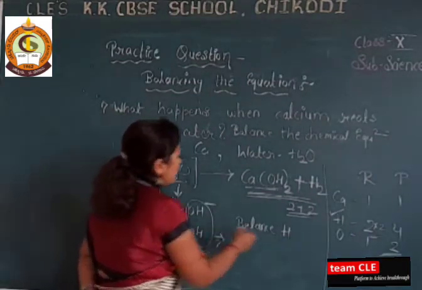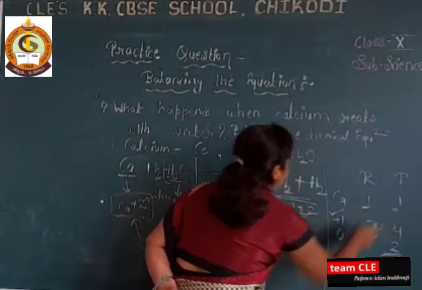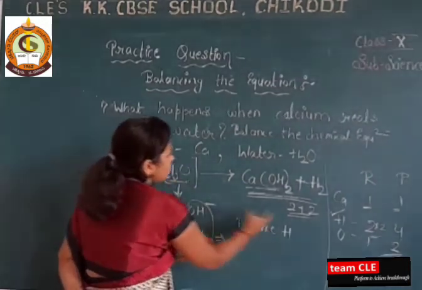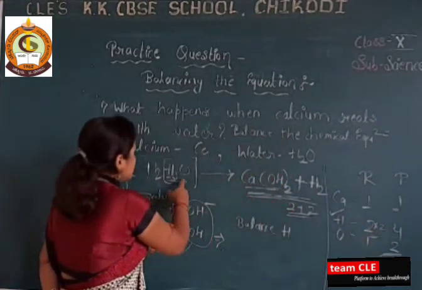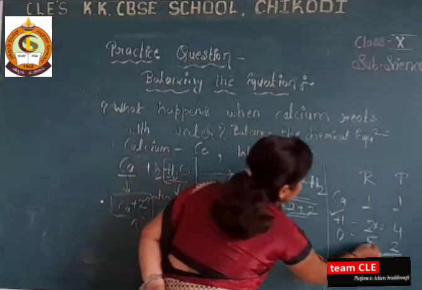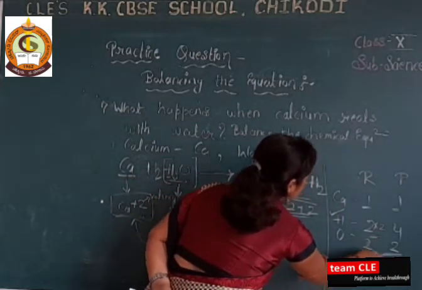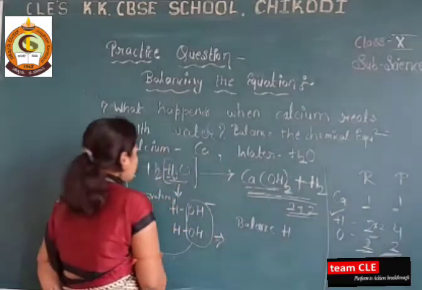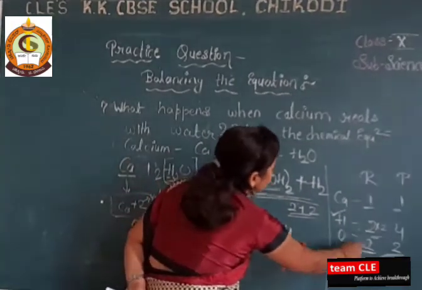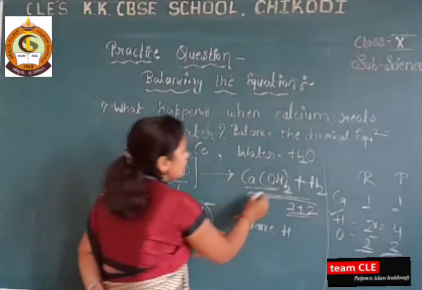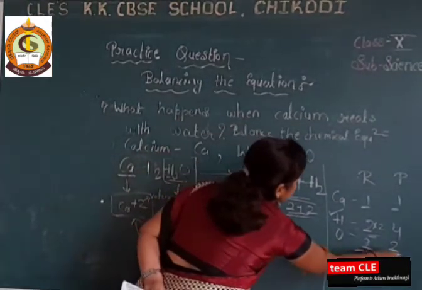The calcium stays the same, hydrogen becomes 2 into 2, 4, and here it is also 4. Oxygen becomes 2 into 1, 2, and here oxygen is 2 itself.